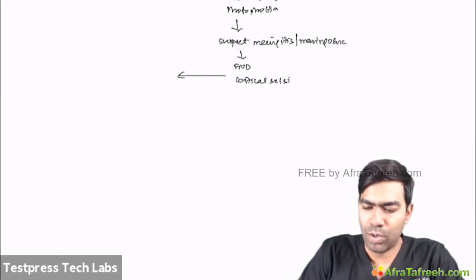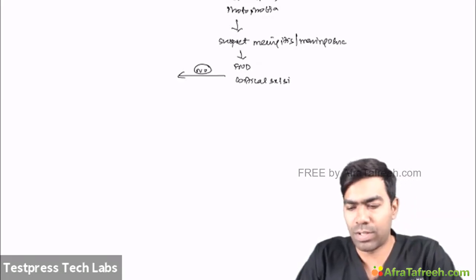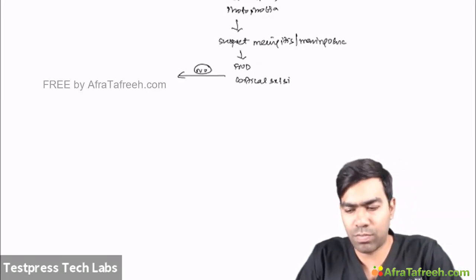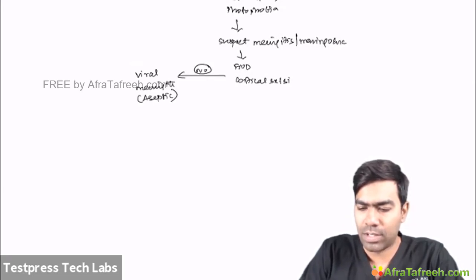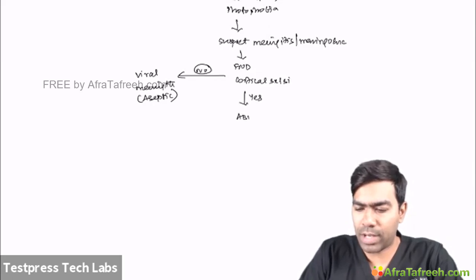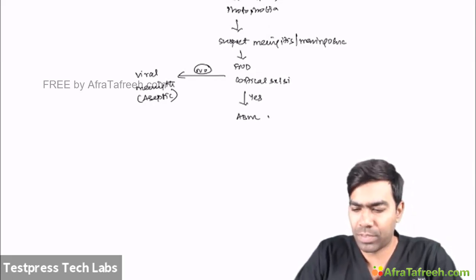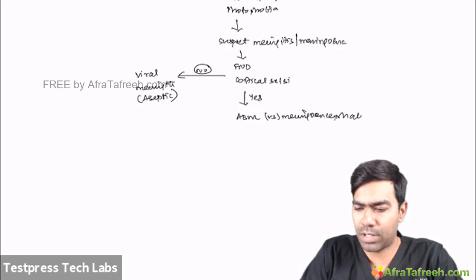If not much of FND is seen, not much of cortical symptoms and signs, then usually I'll suspect a viral meningitis or an aseptic meningitis. If yes, it must be either an acute bacterial meningitis, called ABM, or a meningoencephalitis, usually. That's my primary suspicion here.